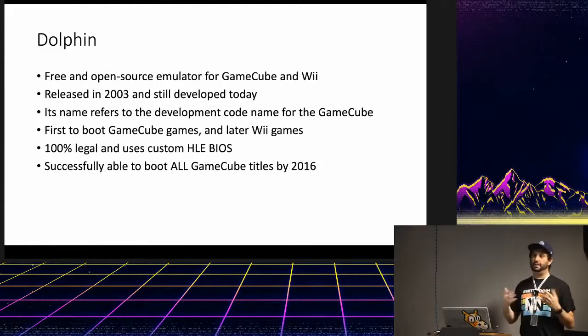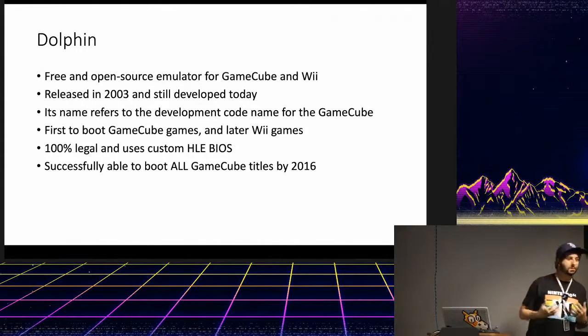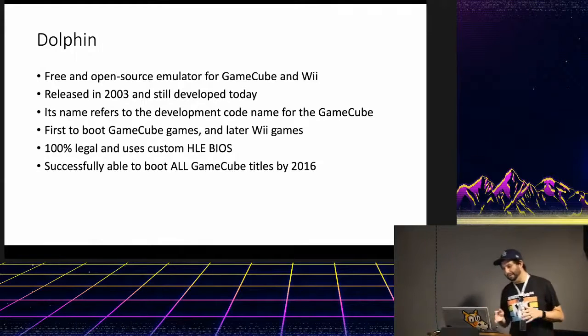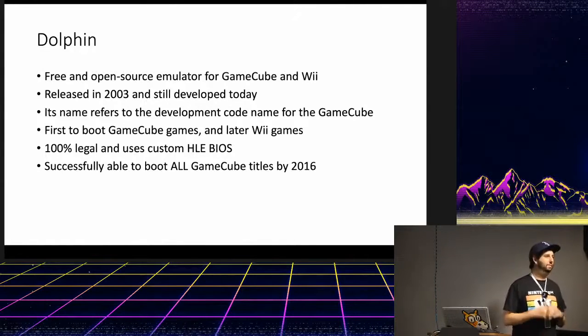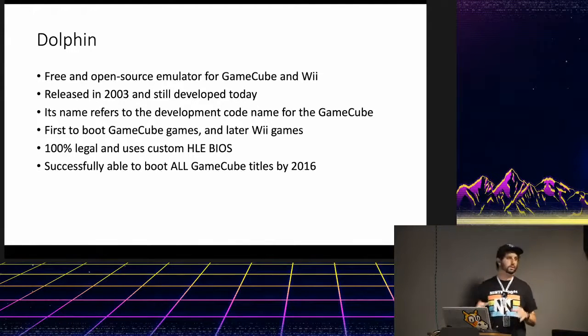And so that means that they're taking that approach of adapting to individual games. And they've been working on this for so long, and I mean so long, that just recently, a couple years ago, they've been successfully able to boot 100% of the GameCube library using this software.